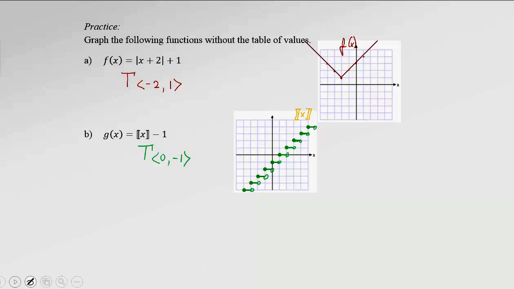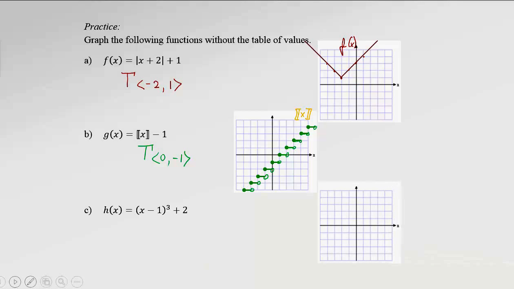And the last example is of a cubic function. Again, recall the basic shape of a cubic function. It's like a snake. It comes through 0, 0, is symmetrical about the origin, and the transformation that we need to apply to this basic shape is a translation by the vector opposite to whatever you see inside, so it means 1, and the same sign outside, so it means 2, by the vector 1, 2.